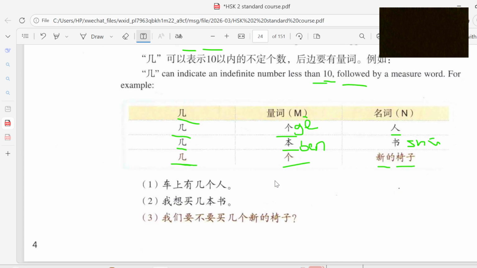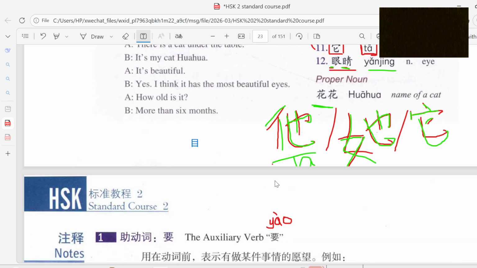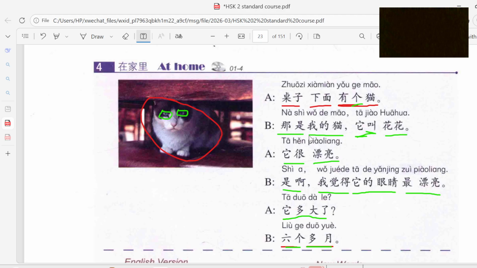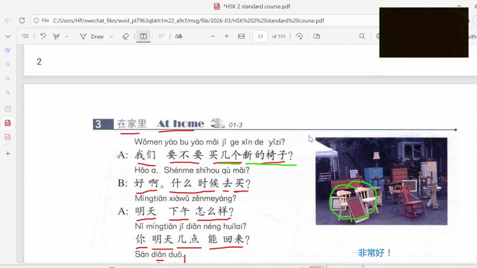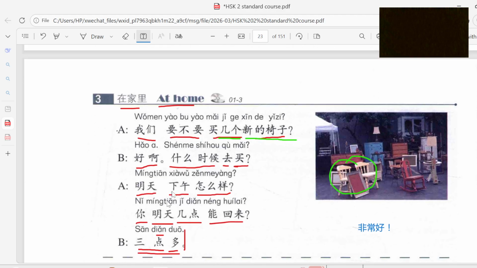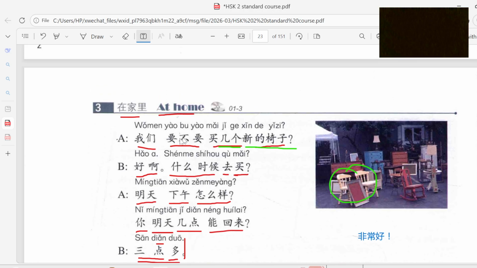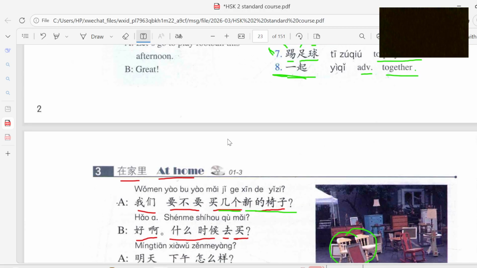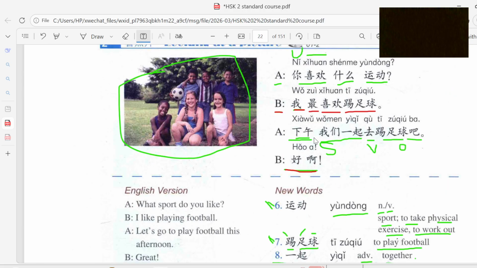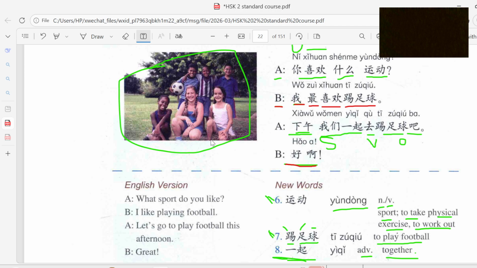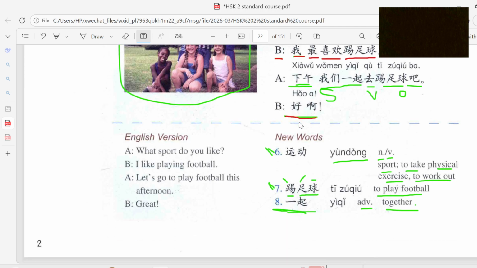Okay, so when you go back and look at what they are planning to do in the afternoon, you'll see 下午，明天下午买几个新的椅子。OK，我们要不要买几个新的椅子？So this is one. Is there anywhere else where they say 下午? You see here, 下午我们一起去踢足球吧。So you see 他们, them. Okay, so they're going to play football.